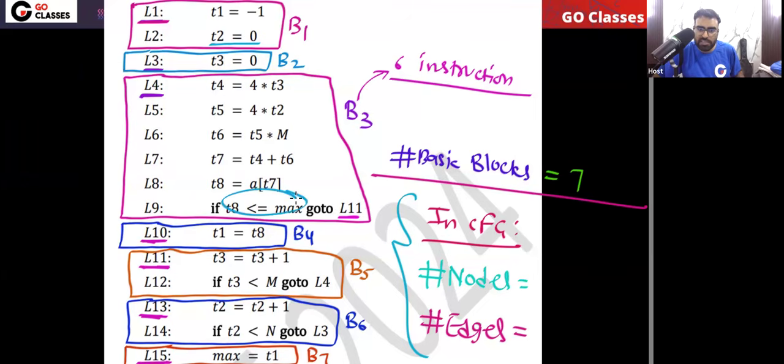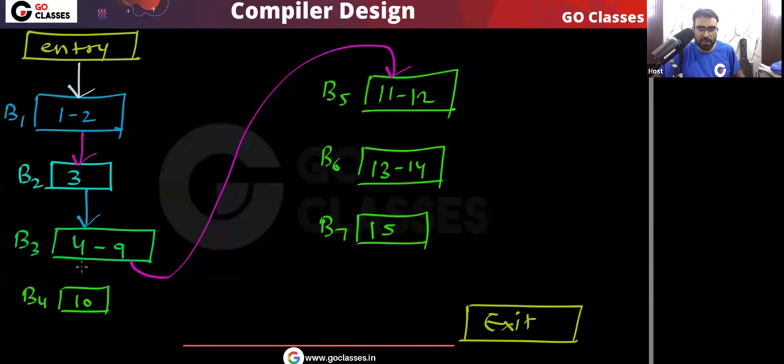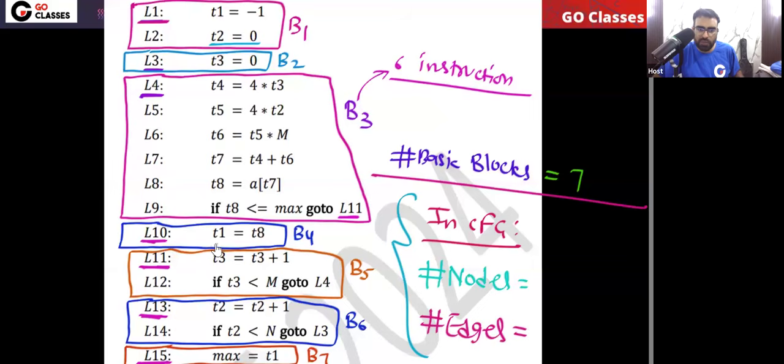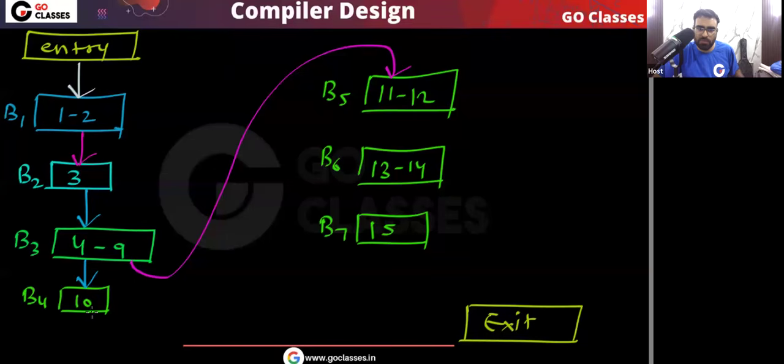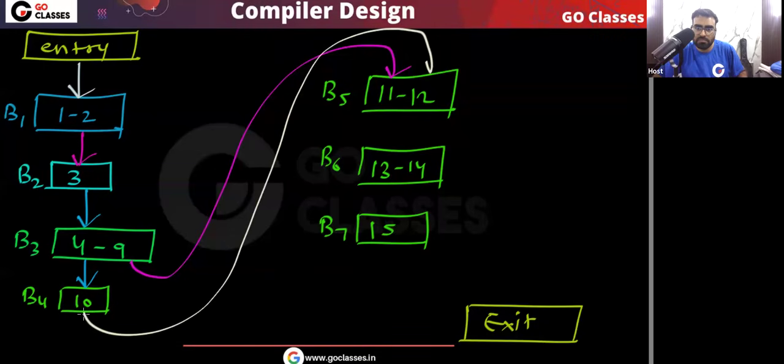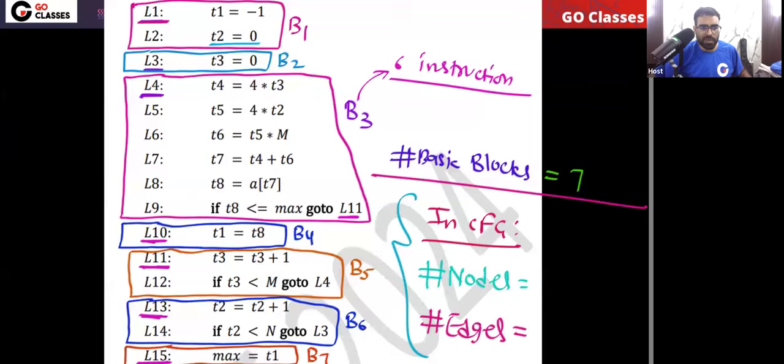If this condition is satisfied, then we go to L11, and if this condition is not satisfied, then we go to L10. Very simple. So we have done b3 also. What about b4? In b4, the last instruction is a simple instruction, so there will be only one outgoing edge from b4 to b5, like this. Okay, what about b5?